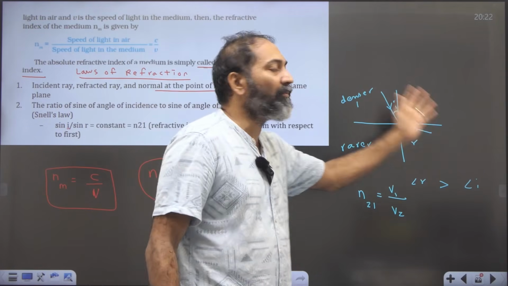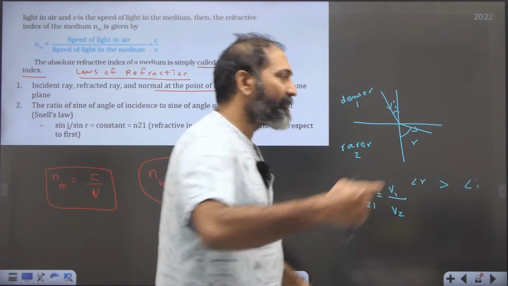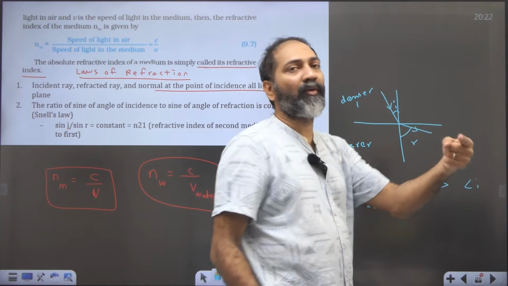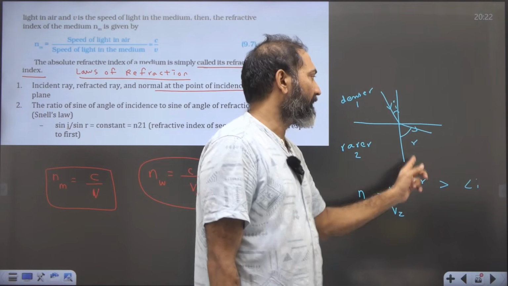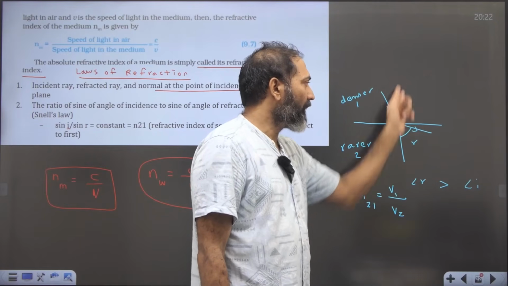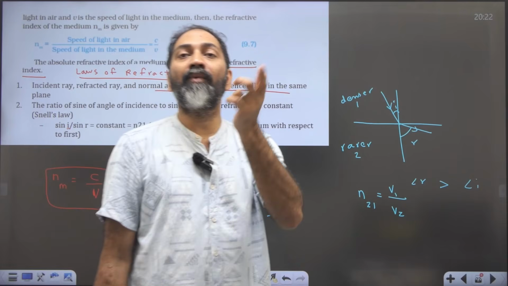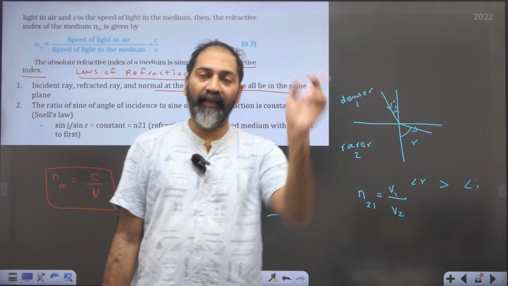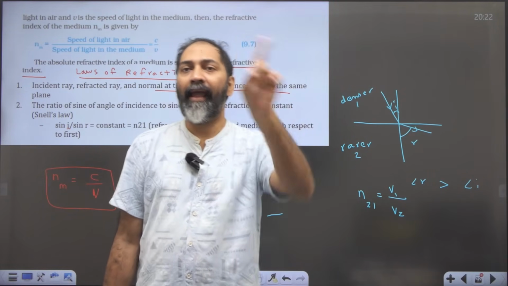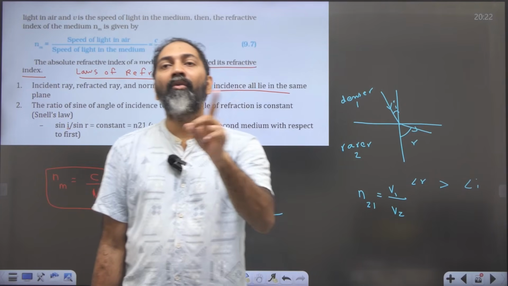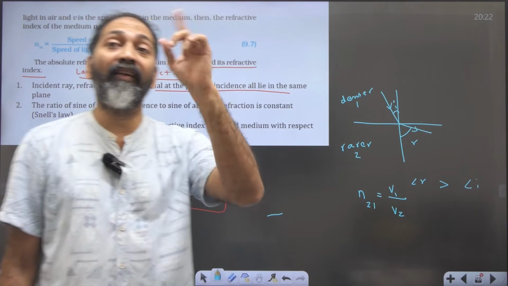drawn on the same board. No line is penetrating into the board or coming out of the board. That means the incident ray, refracted ray, and normal all should lie on the same plane, which is the same as the law of reflection. Incident ray, reflected ray, and normal all should lie on the same plane in reflection also.